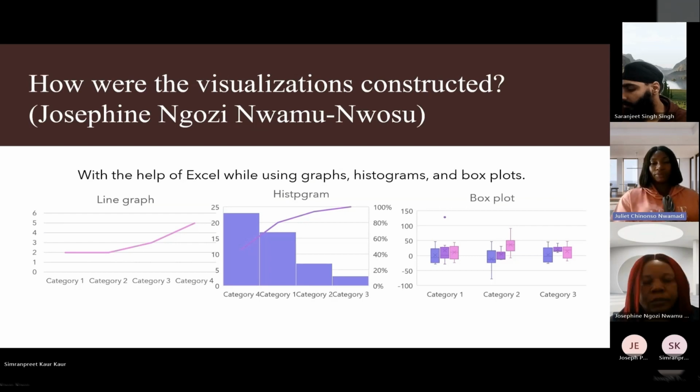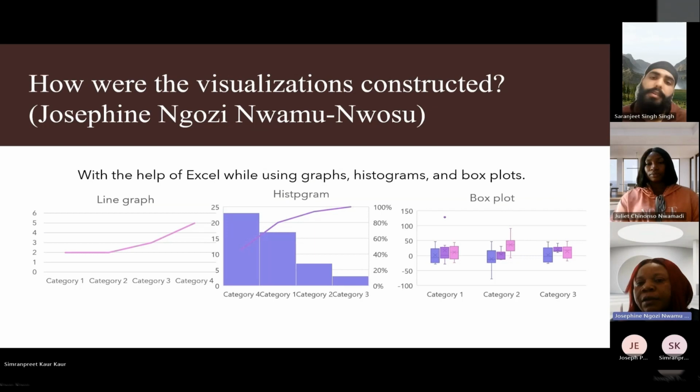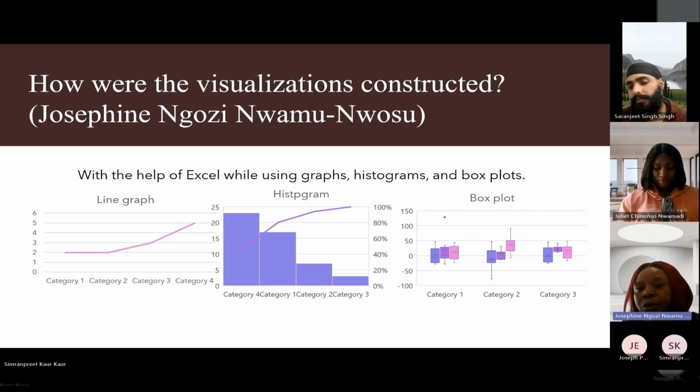Thank you. Hello, everyone. My name is Josephine Ngozi Nwamunwosu, and I will be taking you through how Manulife's visualizations were constructed. First of all, we created the visual representations with the help of Excel by using a line graph, histogram, and box plot.